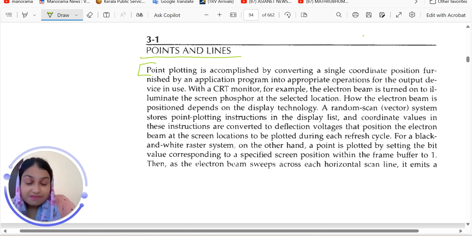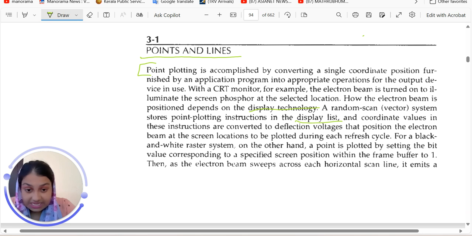How the electron beam is positioned depends on the display technology. A random scan, that is vector system, stores point plotting instructions in the display list. Coordinate values in these instructions are converted to deflection voltages that position the electron beam at the screen locations to be plotted during each refresh cycle.